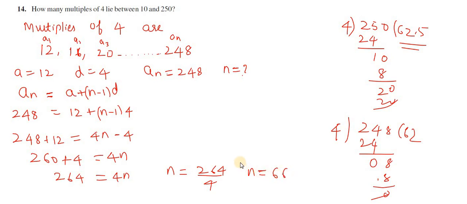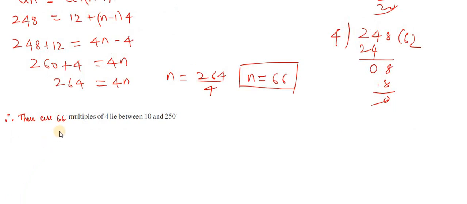If you divide this, you get 66. Therefore, there are 66 multiples of 4 that lie between 10 and 250. Is it clear? I hope all of you understood. Okay, shall we move to the next problem?